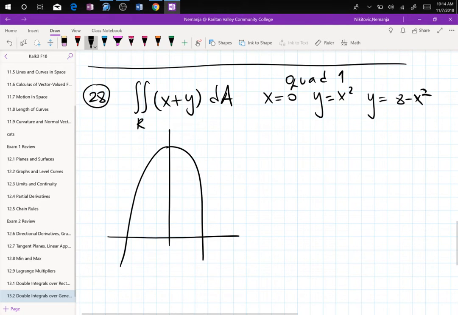So I have a parabola that opens downward. This is the 8 minus x squared one, making this to be an 8. And then I have a parabola that goes up. That's the x squared one.